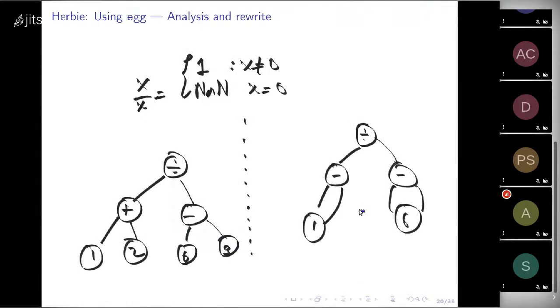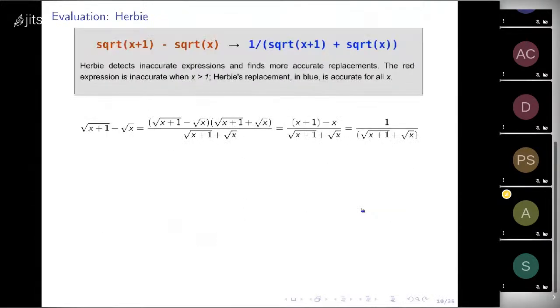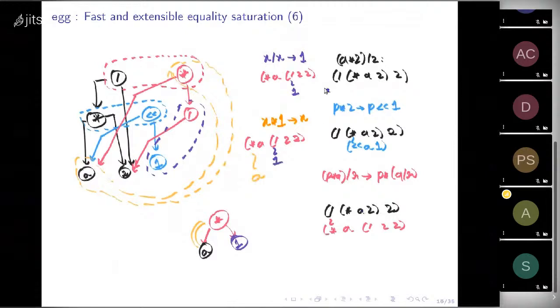Right. And so one of the problems in trying to use equality saturation is that whenever I've been describing these equalities, they've always been algebraic identities, right? Like p star 2 is always equivalent to p left shift 1, or p times q by r is always equivalent to p times q by r. So they're syntactic.